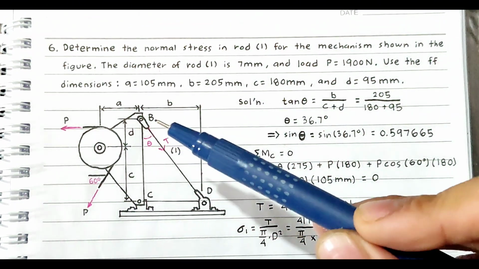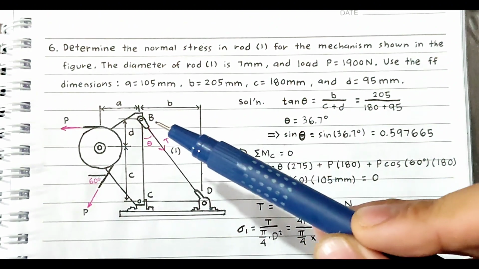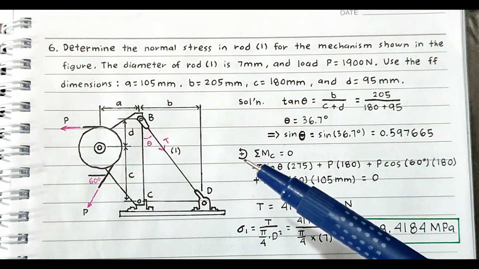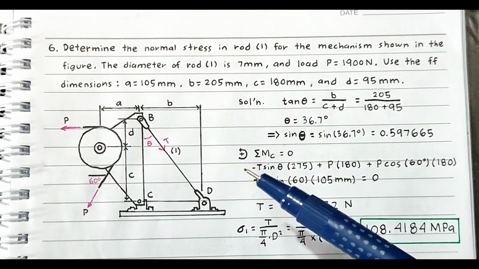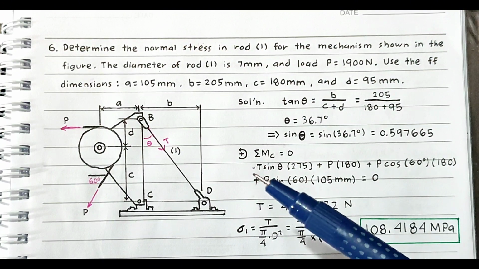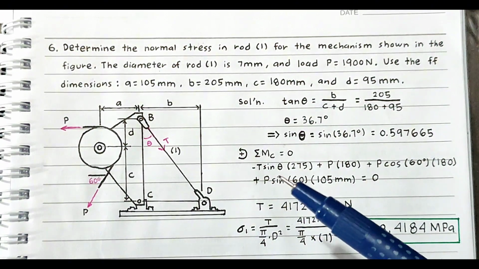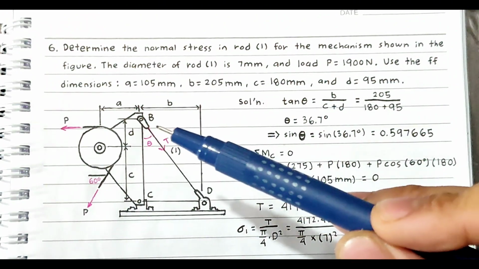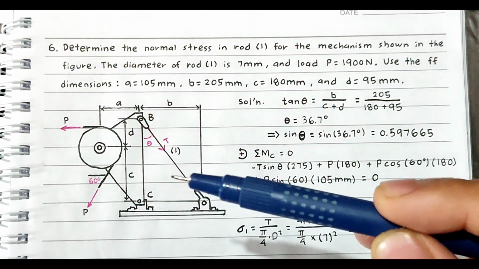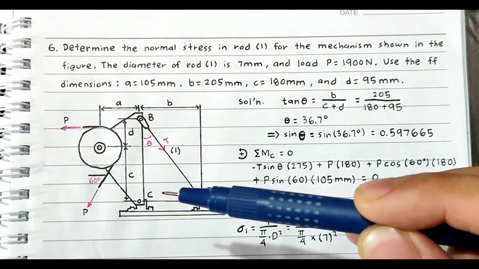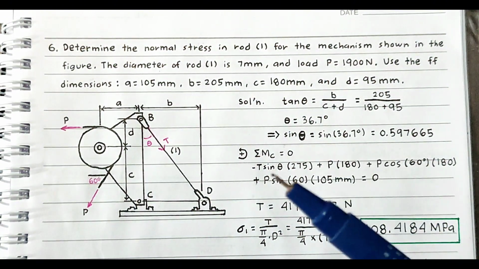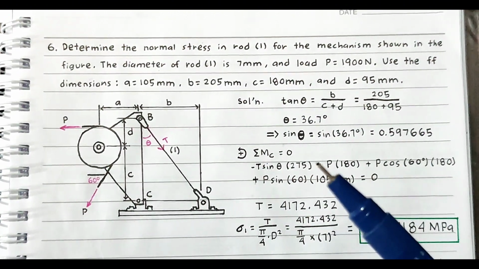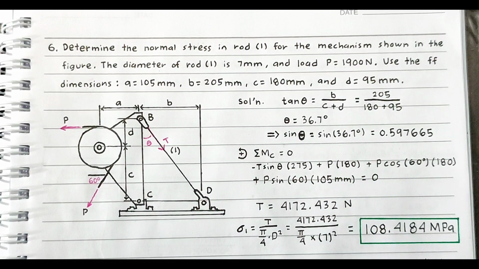Now this T will be situated here, and it will turn clockwise, which is opposite to the given moment, so it will have a negative sign. Now this sine theta has a distance of D plus C to get to the moment at C. Now C plus D is equal to 180 plus 95 millimeters, so we have 275 millimeters.